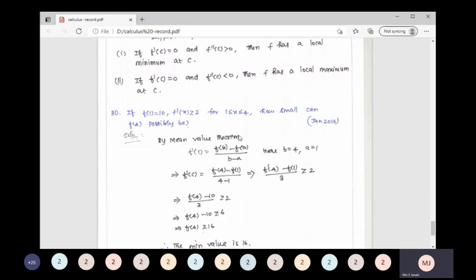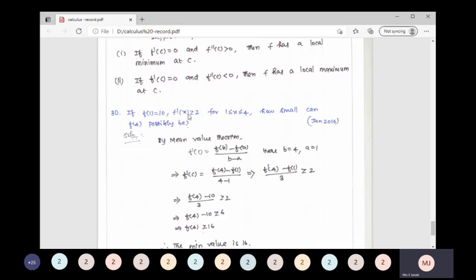What is the mean value theorem? F dash of c is equal to f of b minus f of a divided by b minus a, where a comma b is the given interval. In this problem, a is equal to 1 and b is equal to 4. So calculate f of 4 and f of 1.